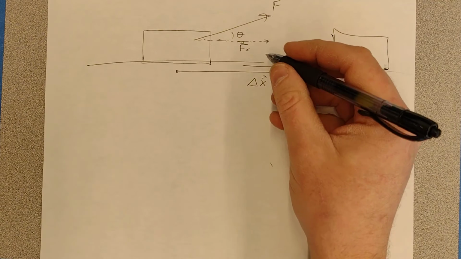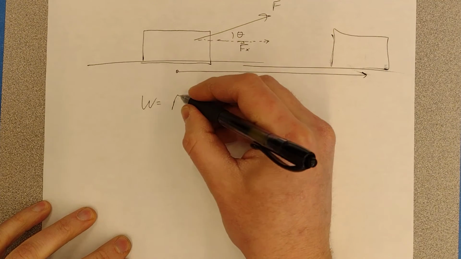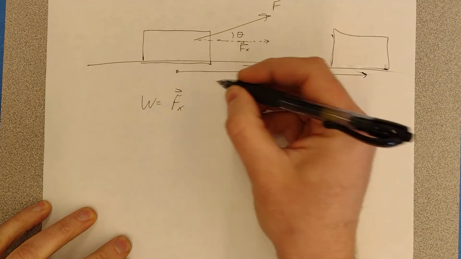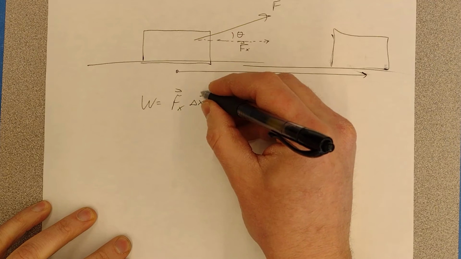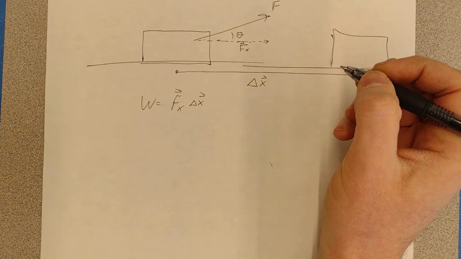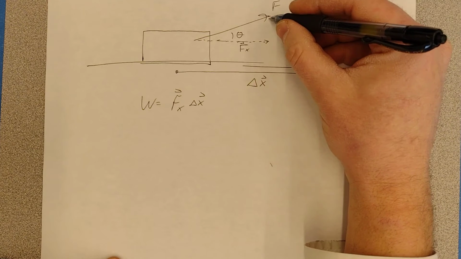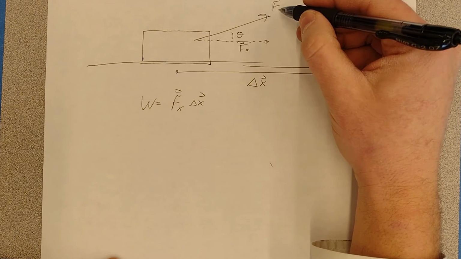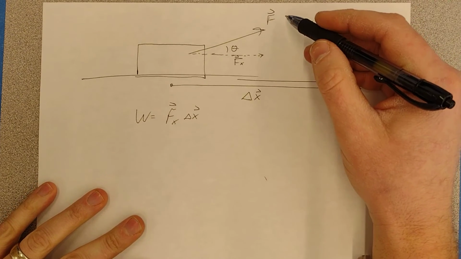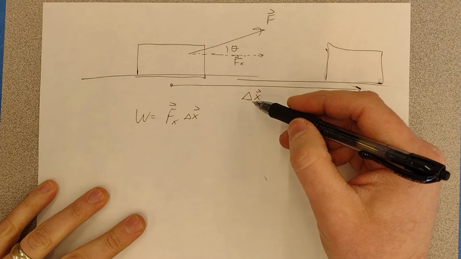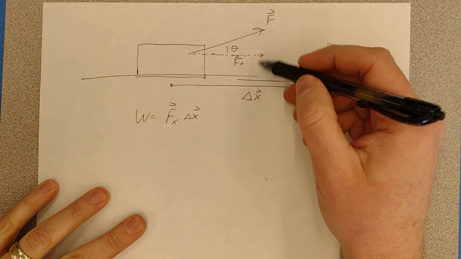So in this case the work ends up being Fx times delta x. All right, so you have to find the component of the applied force that is parallel to the displacement, and then multiply those two together.